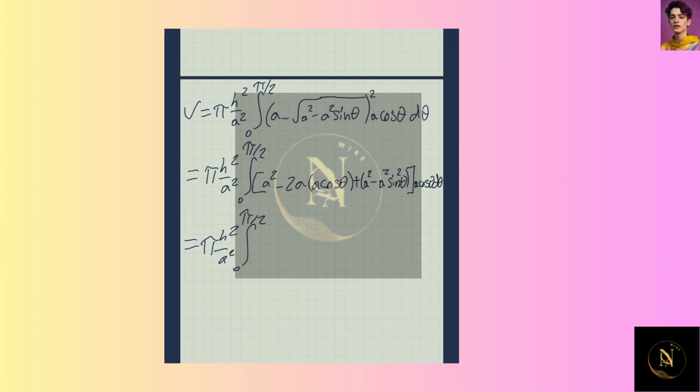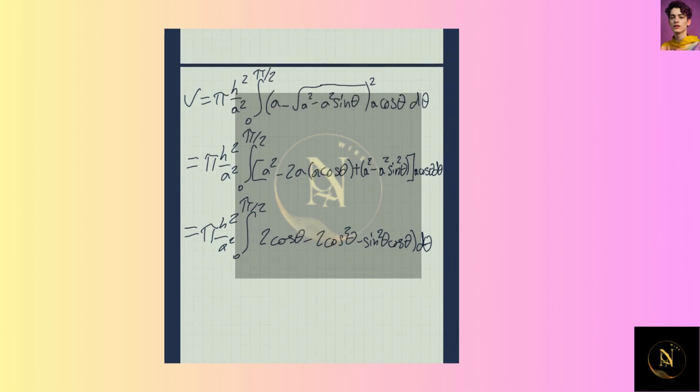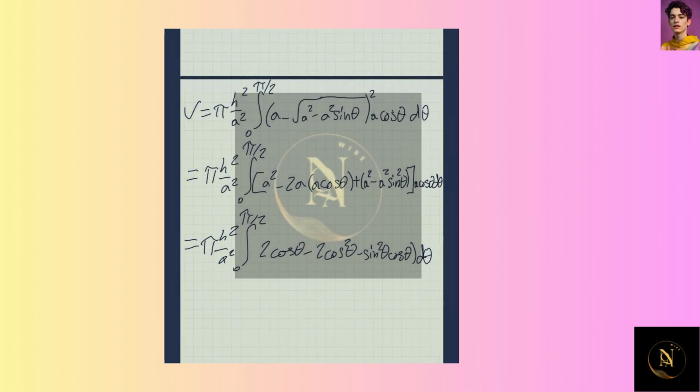And we can simplify this even further by multiplying the a cosine theta through.